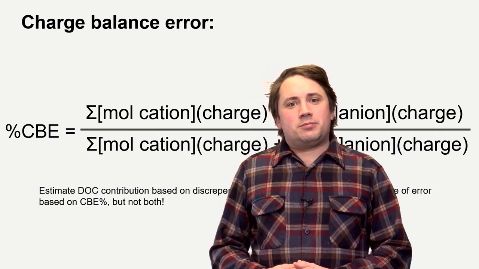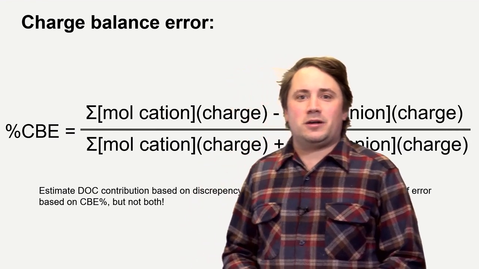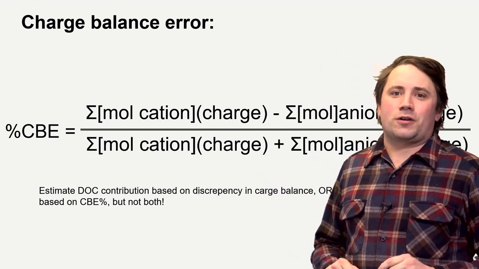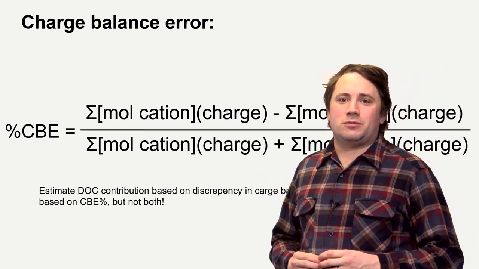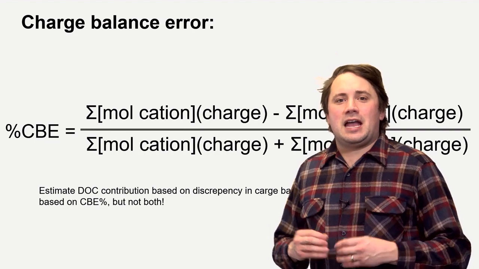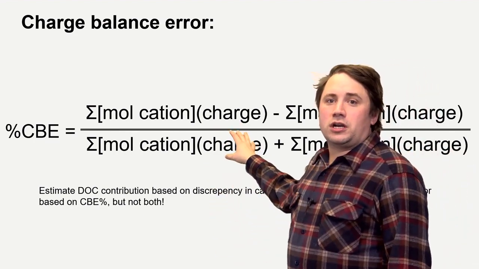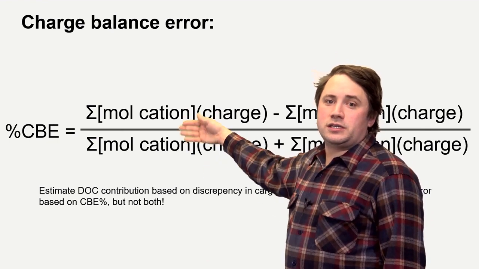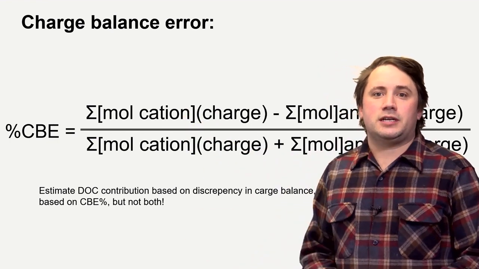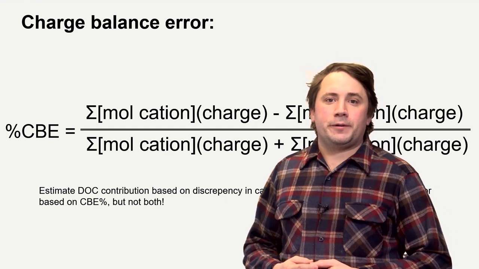So anyway, that's a brief summary of what charge balance is, why it always applies in water. Charge balance is an operating principle that will never be violated, and some things you can do with charge balance. You can estimate the charge contribution of DOC, or you can use it to estimate the completeness of your water chemistry analysis by charge balance error.